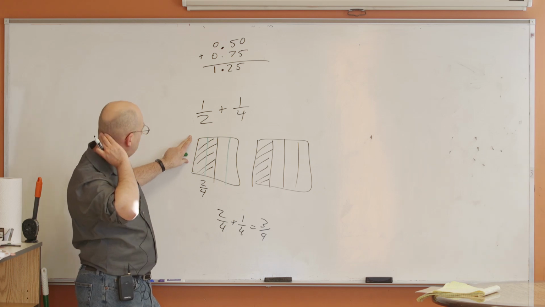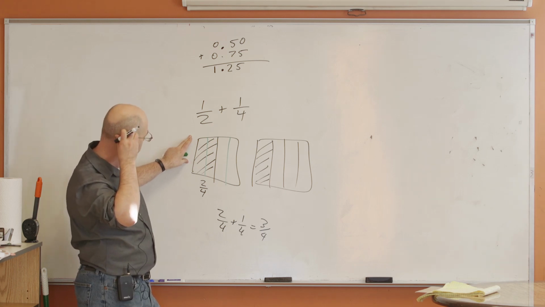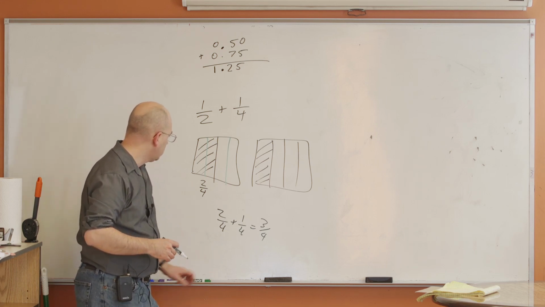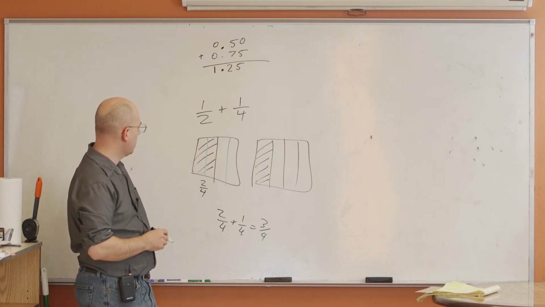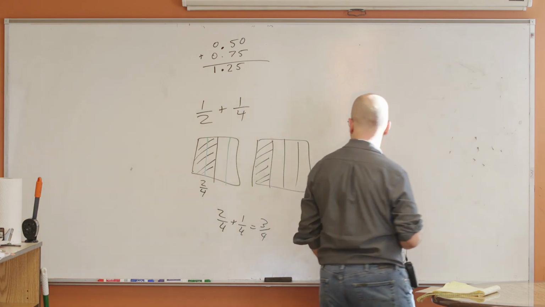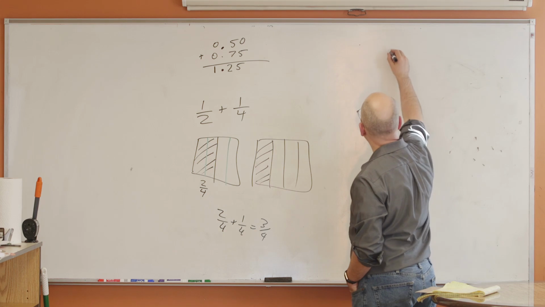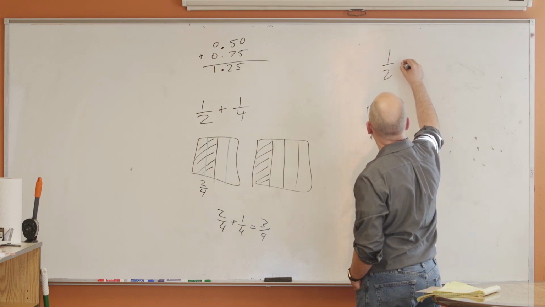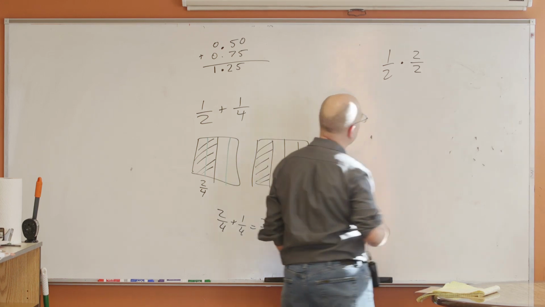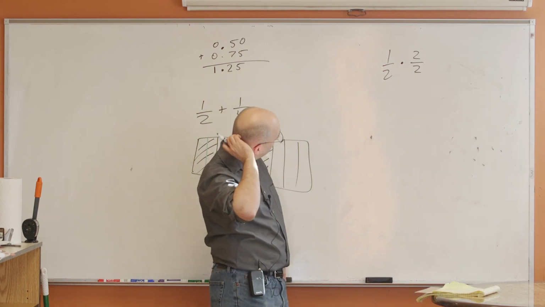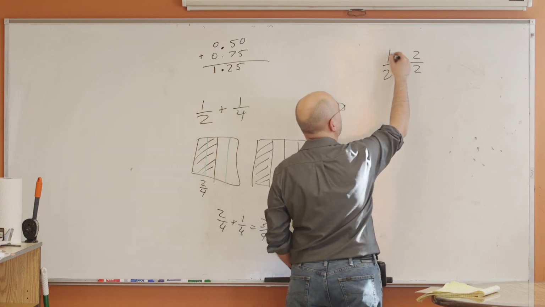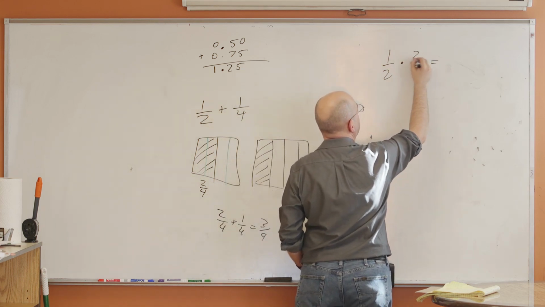Well, basically, the true answer is I'm going to multiply this thing by 1 in the form of 2 over 2 and multiply the top and the bottom.